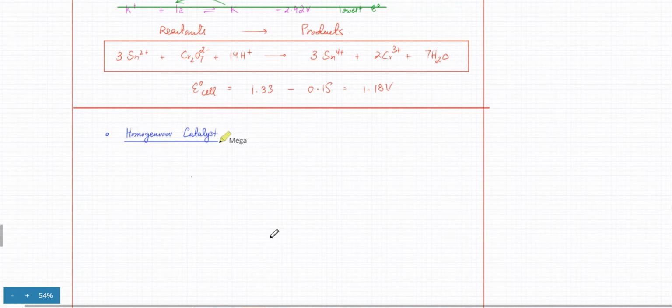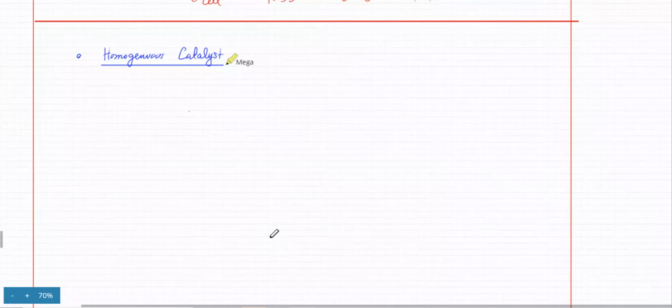There's a specific reaction that needs to be remembered. That reaction is between KI and K2S2O8.